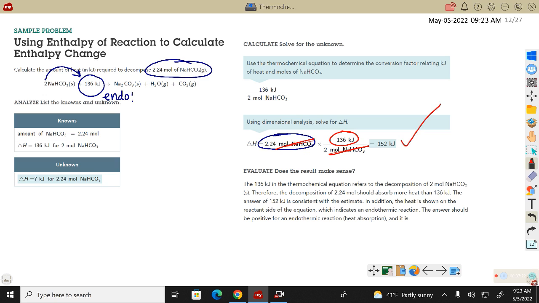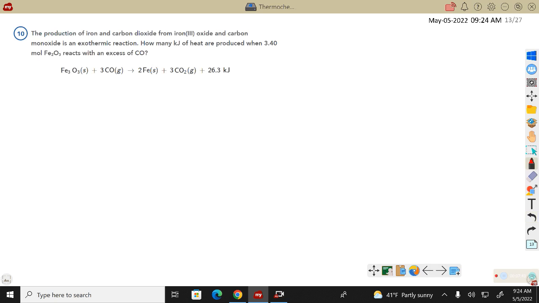So this final answer makes sense. 136 kilojoules is required to decompose 2 moles of sodium hydrogen carbonate. I'm expecting a little bit more energy required to break apart a little bit more sodium hydrogen carbonate. The only thing that feels a little stoichiometry-like, but it's really not too bad. It's really just going to be one ratio, one proportion.